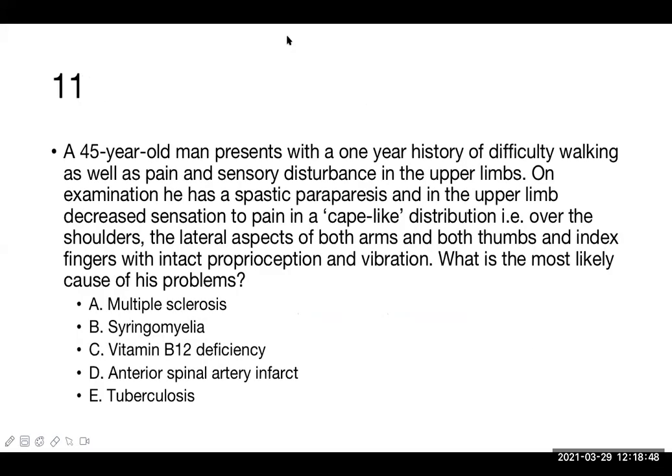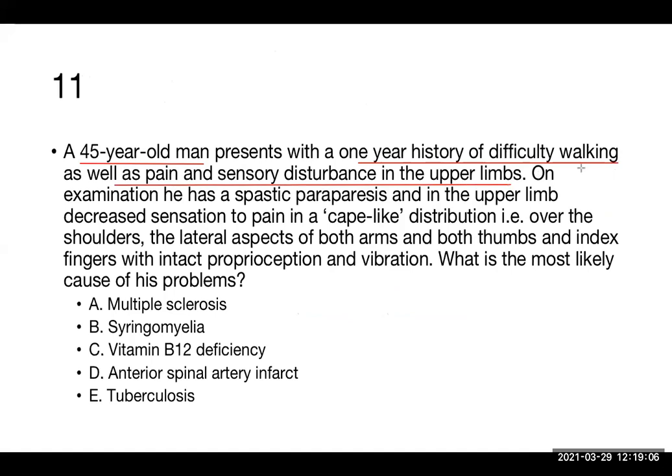Now, number 11. All of you please focus here. This is a 45-year-old man who presents with a 1-year history of difficulty walking, as well as pain and sensory disturbance in the upper limb.